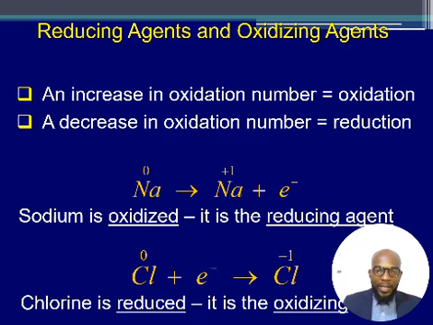That means sodium has been oxidized and it is therefore a reducing agent. When we look at the second half equation, chlorine moved from the oxidation state of 0 to -1, which is a reduction. Therefore, chlorine is reduced and it is termed an oxidizing agent. So, reducing agents are oxidized in a reaction, while oxidizing agents are reduced in a redox reaction.